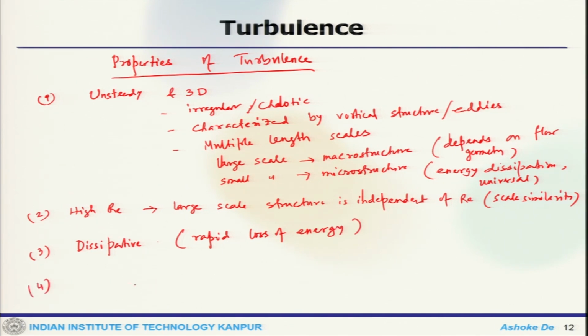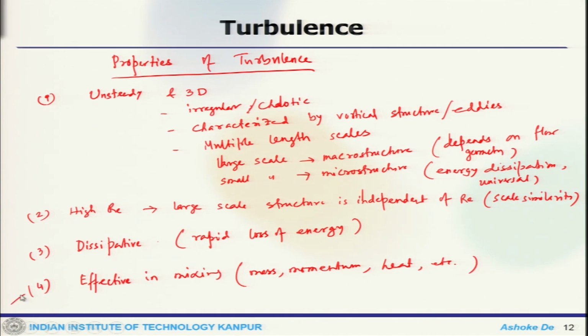And fourth, it is quite effective in mixing, that is mass, momentum, heat, etc. So, this is one of the very interesting points why it is effective. When we say effective mixing, that is why in our reacting system or practical reacting system, one way to look at it, we want turbulence to be present there.